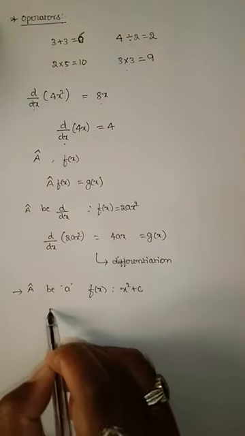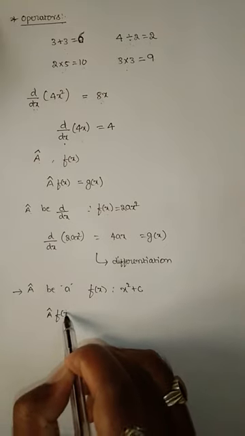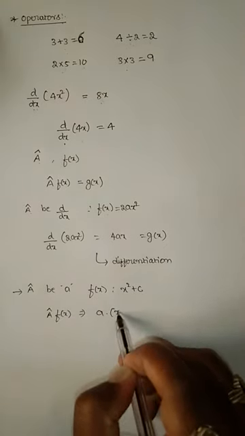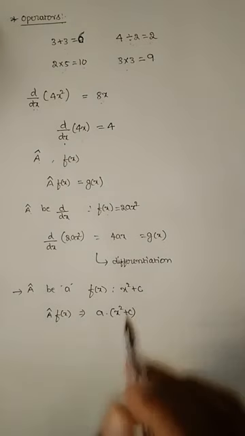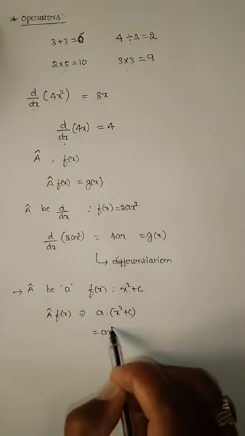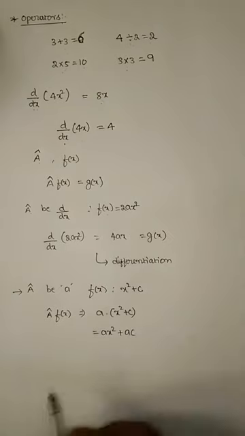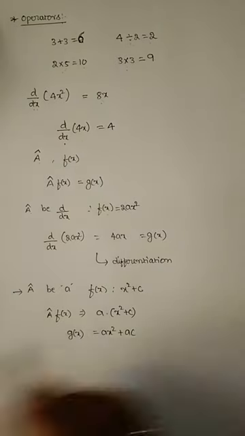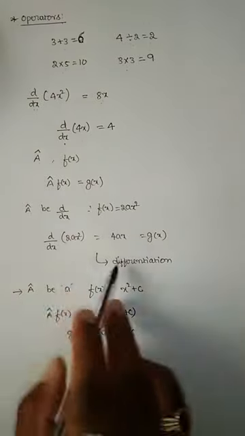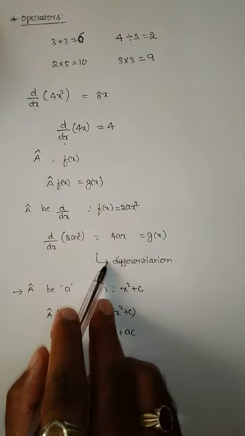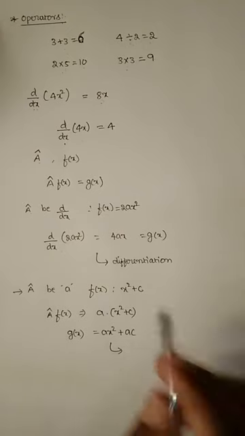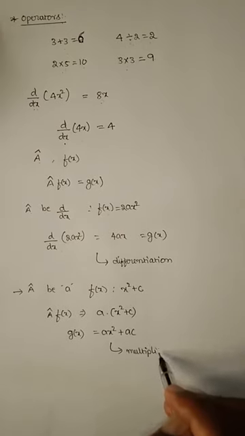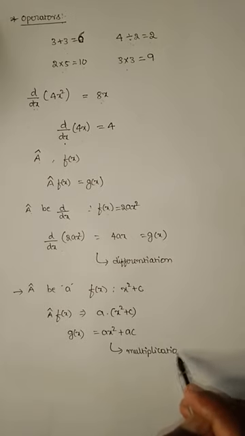If the operator A cap acts on f of x, that means a times x square plus c, we get a x square plus ac, which is g of x, once again a function. In the previous case we performed differentiation, and here we did multiplication, which is one of the operations.